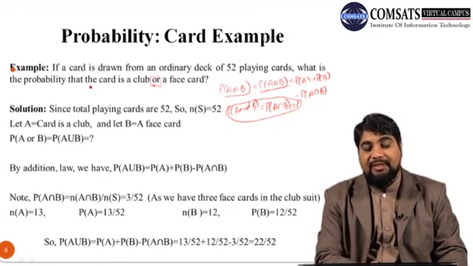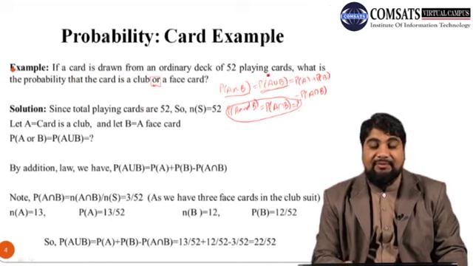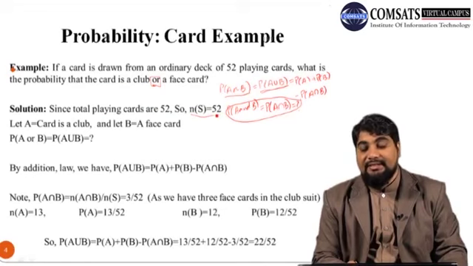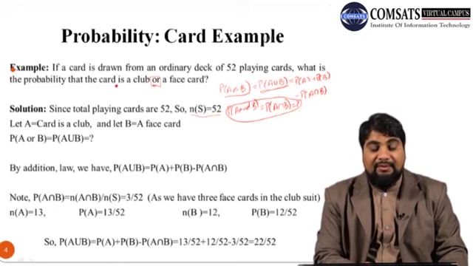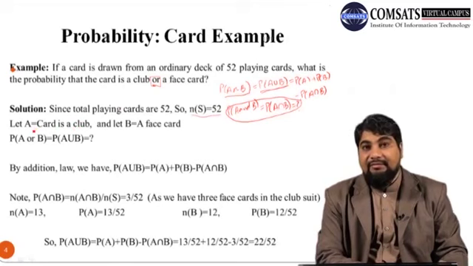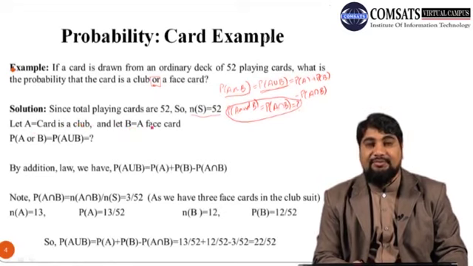Coming back to this example again: a card is drawn from an ordinary deck of 52 playing cards, what is the probability that the card is a club or it is a face card? Since total playing cards are 52, n(S) is 52, the total number of sample points. Let us define an event A which represents that the card is a club, and an event B that the card is a face card.